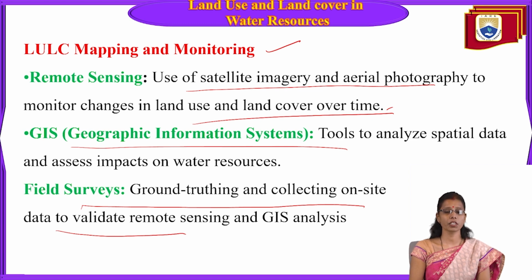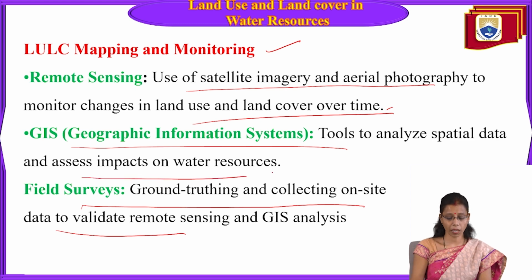It will give us spatio-temporal information about such areas, and we can easily map them with the help of land use and land cover remote sensing. Now, GIS is the tool. Once the data is prepared, it will give us the tool to analyze the spatial data and assess the impacts on the water resources. Now, field surveys, ground truthing and collecting on-site data will make it possible to validate remote sensing and GIS analysis.